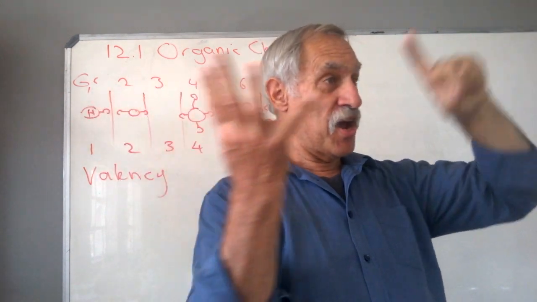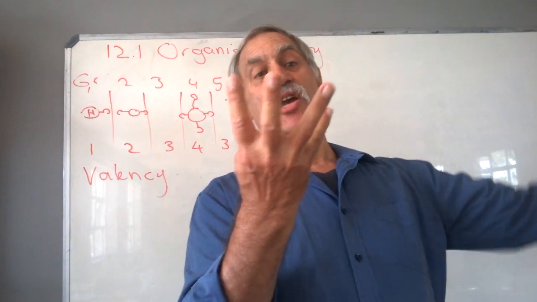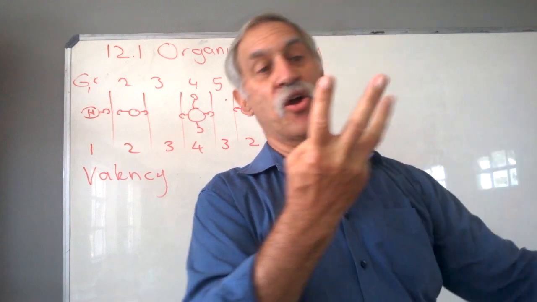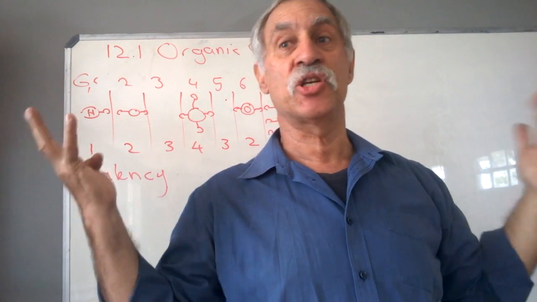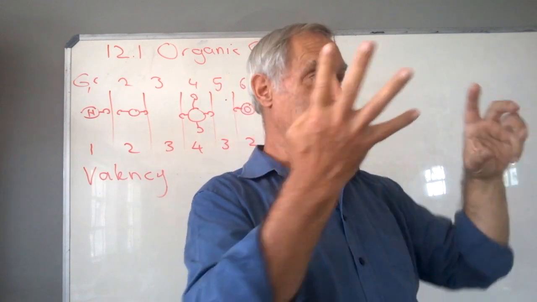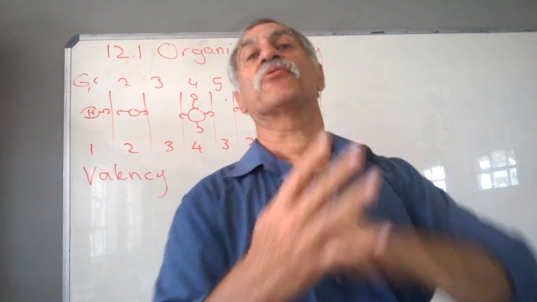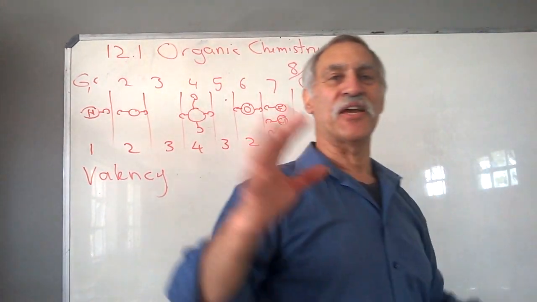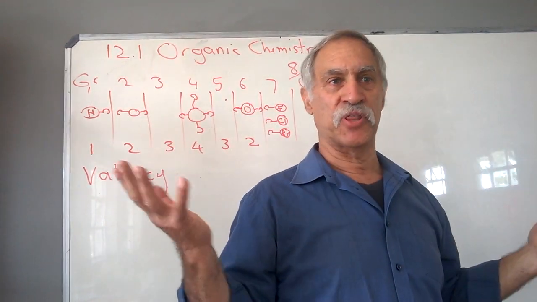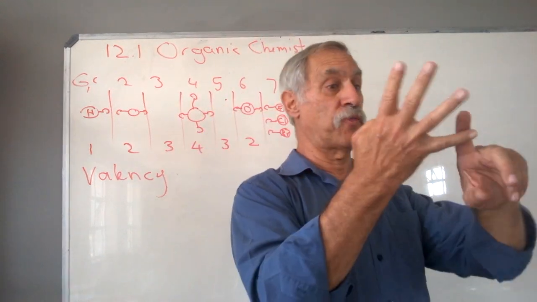Let's take 1 hydrogen, 1 fluorine, 1 chlorine, and 1 bromine. We can do that because each of those has 1 hook, so there it's got a combination of 4 different things.